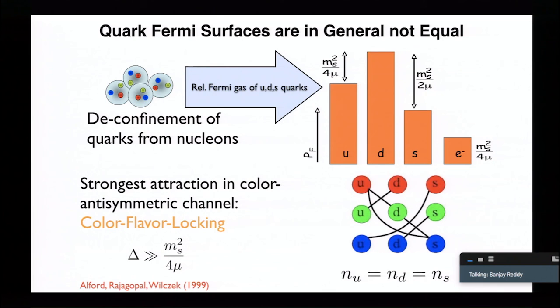So the eigenstates of collective excitations in the neutron star core are a very interesting topic, where you have excitations that are mixtures of plasma excitations and neutron excitations.